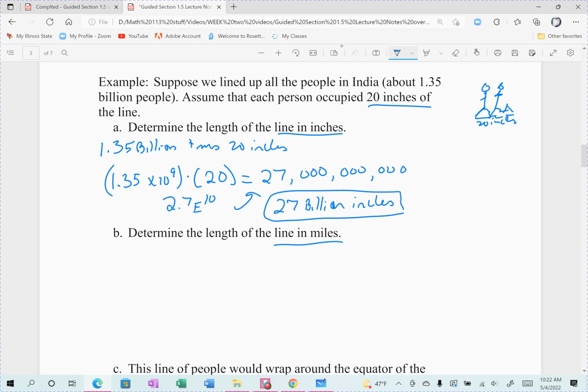All right, that's what it is, 27 billion inches. Another way you can figure it out is if you took the 20 and multiplied it by the 1.35, if you do that, it would come out.